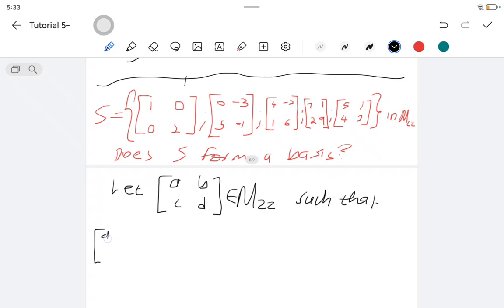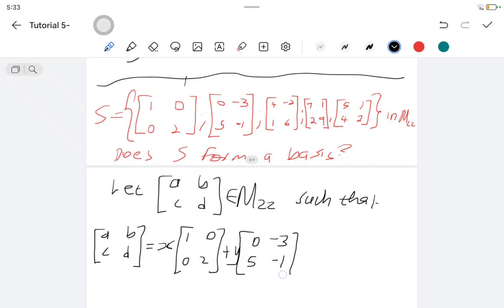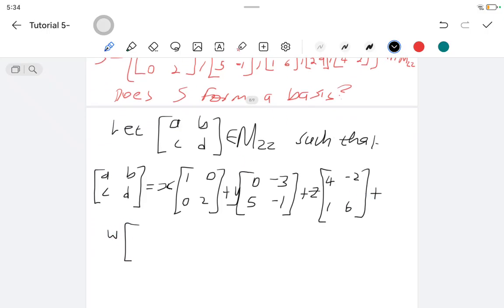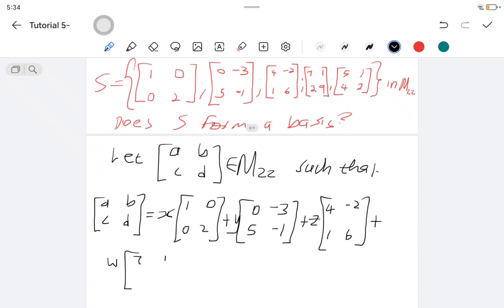Alright. A, B, C, D. We say it's equals to X times 1 0 0 2, plus Y times 0 minus 3 5 minus 1, plus Z times 4 minus 2 1 6, plus W times 7 1 2 9, plus P times 5 1 4 2.